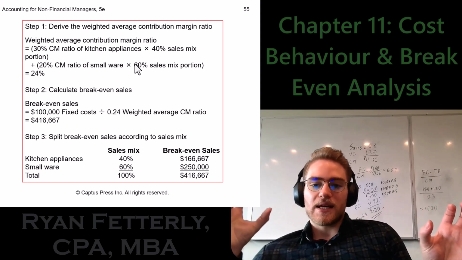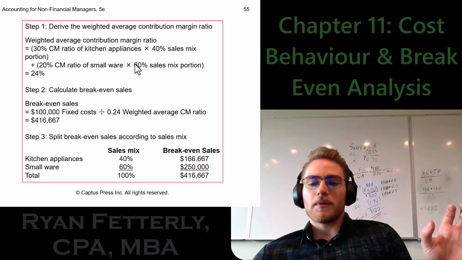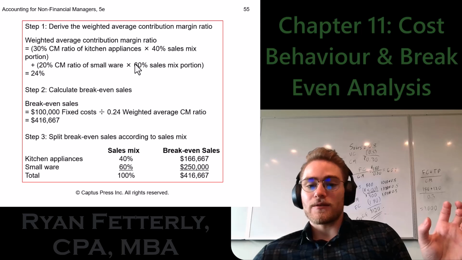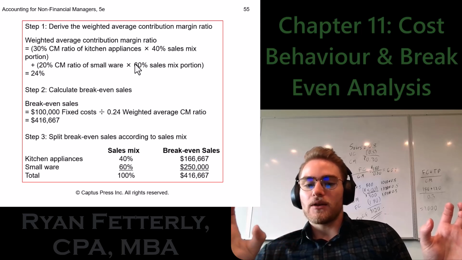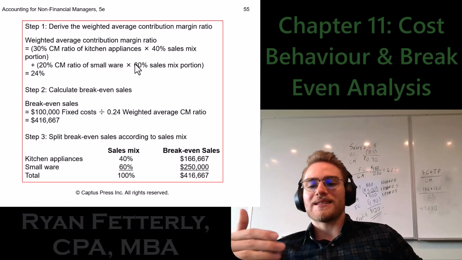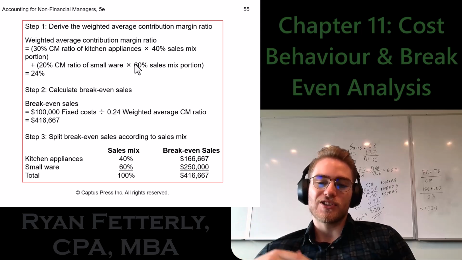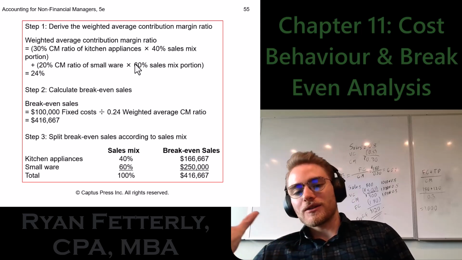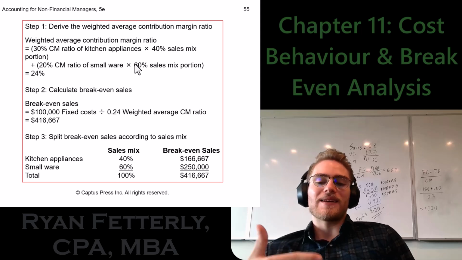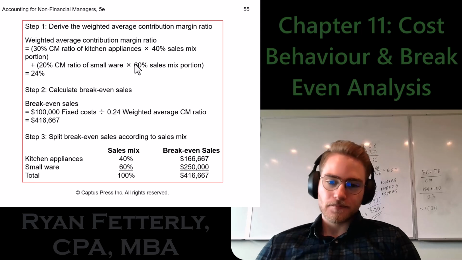And then we take our contribution margin ratio on smallware, and we multiply that by the 60% sales mix. 60% of our sales are smallware, right? Multiply those together, and then we add them together, and that means that if we have a 60-40 sales split at 30 and 20% contribution margin ratios, overall across our entire organization at that split, we're going to have a weighted average contribution margin of 24%.